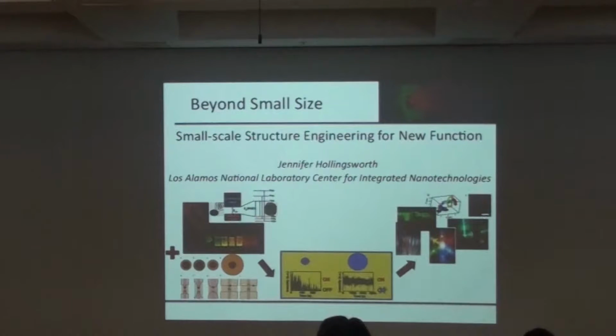For decades now, researchers have used quantum size effects to control the properties of quantum dots. The focus of my talk is how we're evolving as a field towards doing things that are a bit more interesting, perhaps more complicated than that.